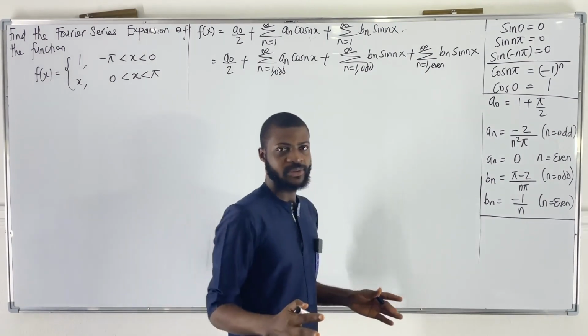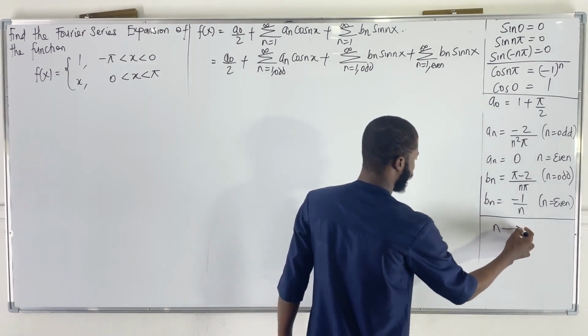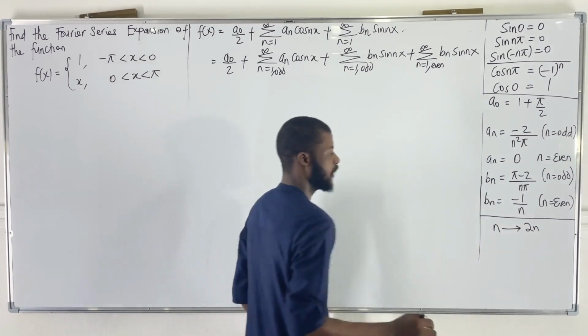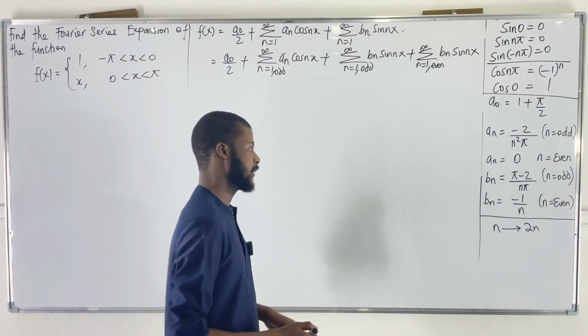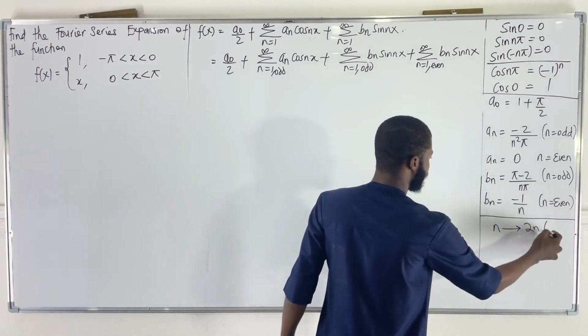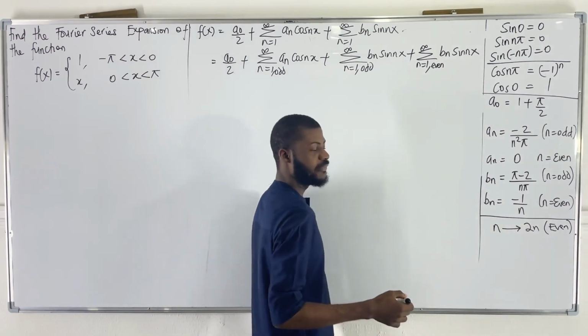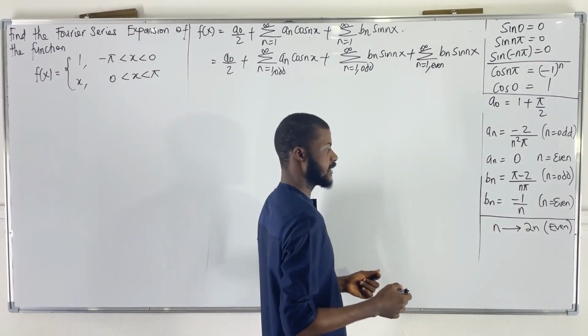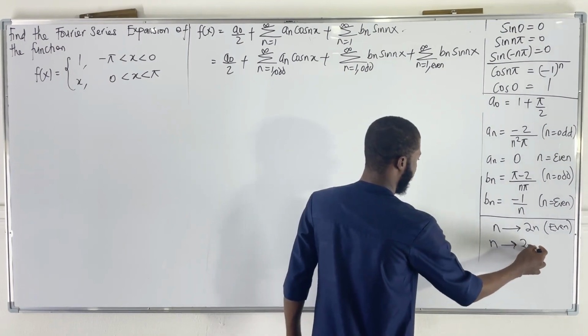If you need an expression that is always even, replace your n with 2n. 2n is always even. Now, if you need an expression that is always odd, replace your n with 2n minus 1.